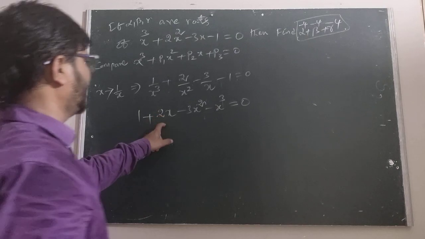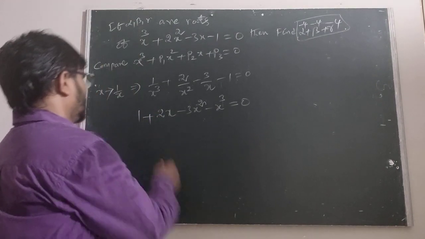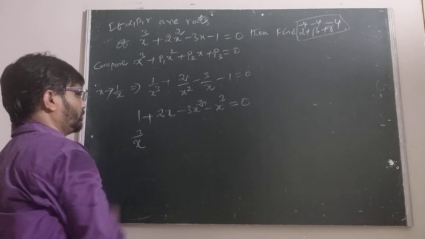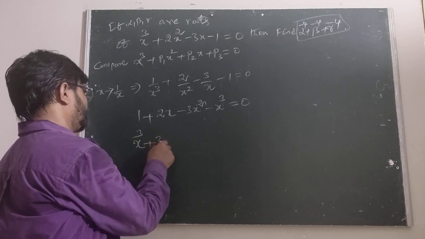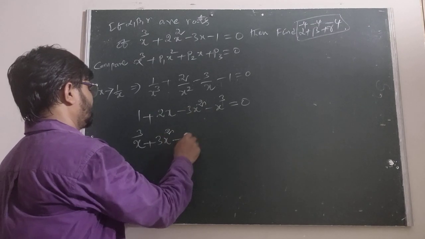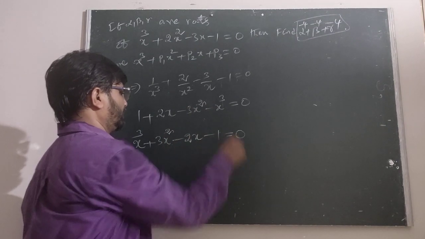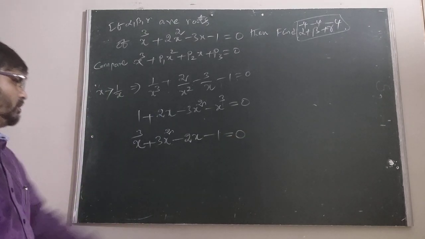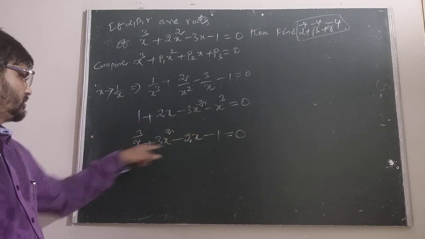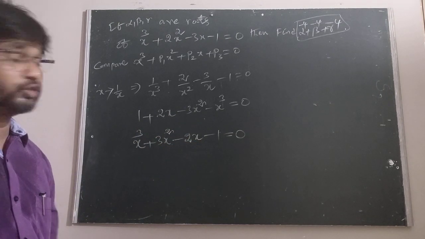So multiply with minus, then it will be x cube plus 3x square minus 2x minus 1 equal to 0.